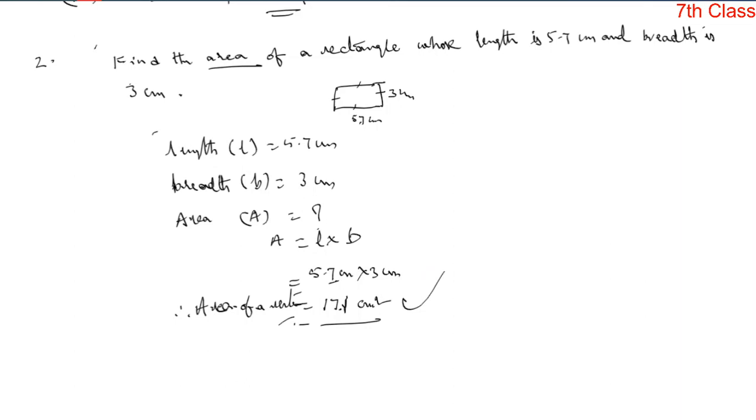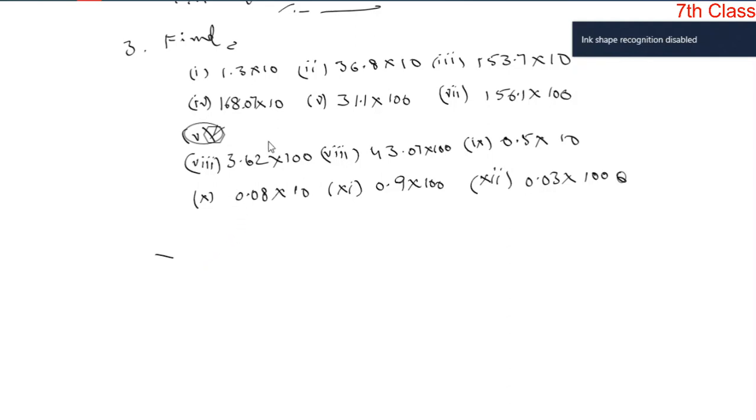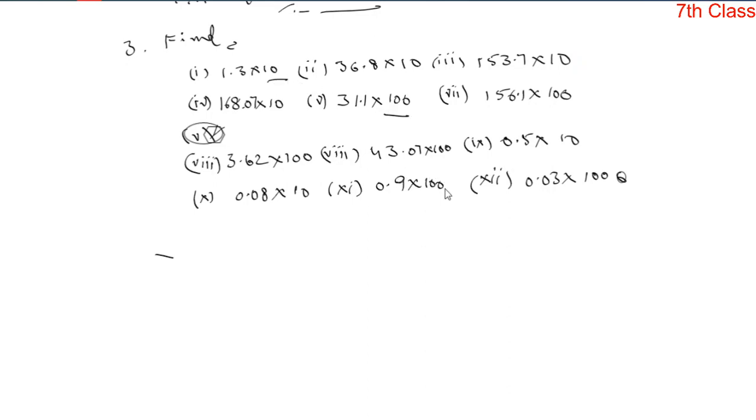Now, come to the fourth one. Here we are multiplying decimal numbers by 10, 100, 1000. We already know the rule. When a decimal number is multiplied by 10, 100, 1000, the decimal point in the product is shifted to the right by as many places as there are zeros over 1.